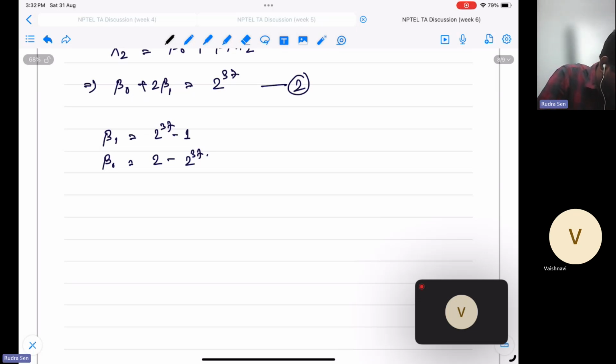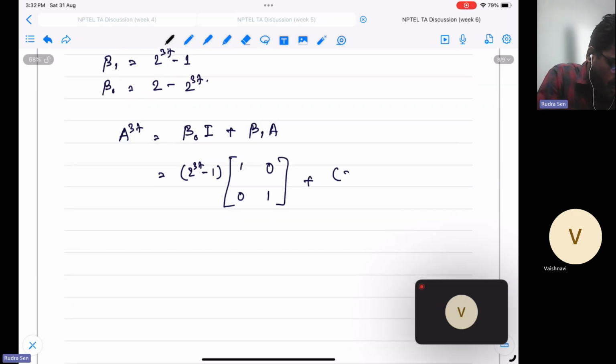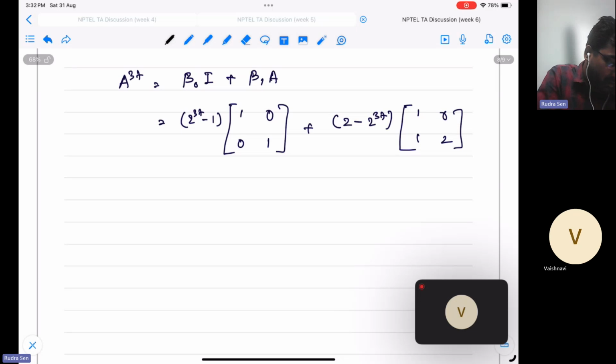So you can find out the A to the power 37, which is beta naught I plus beta 1 A, right? So beta naught means 2 to the power 37 minus 1, 1001 plus beta 1 is 2 minus 2 to the power 37 into A. What is A? 1012, right?